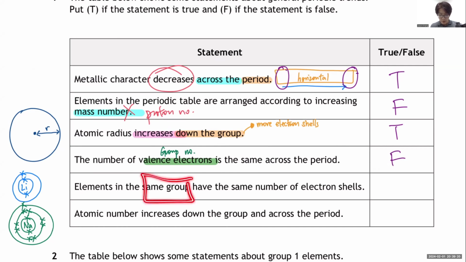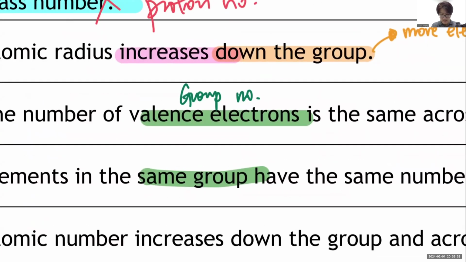So now if I stay in the same group, do they have the same number of electron shells? Same group means same what? Same group means same number of valence electrons.